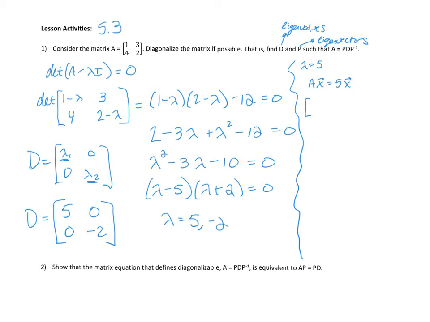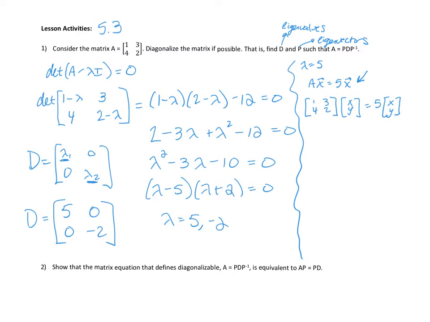So I need one vector, 1, 3, 4, 2 times x y equals 5 times x y. So this is the definition of eigenvalue, eigenvector.